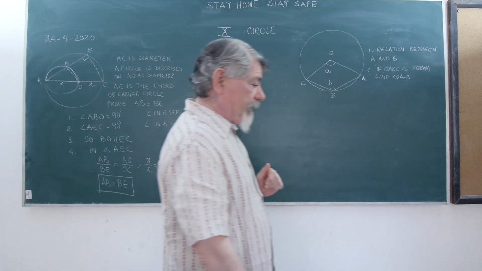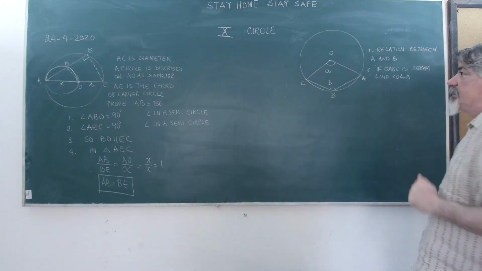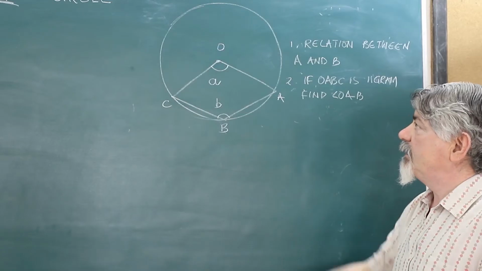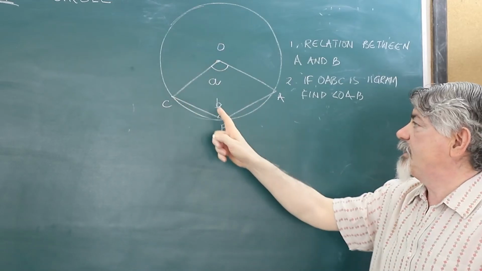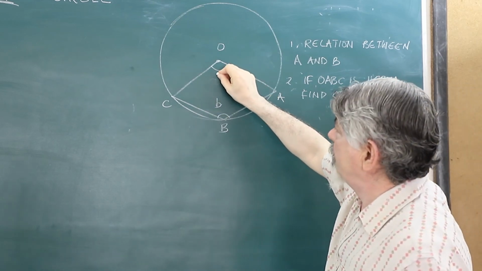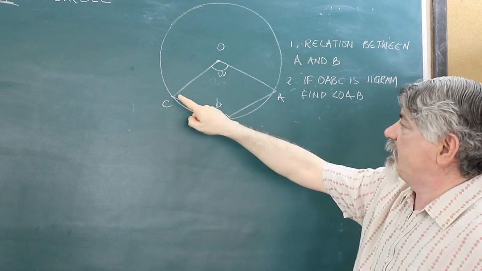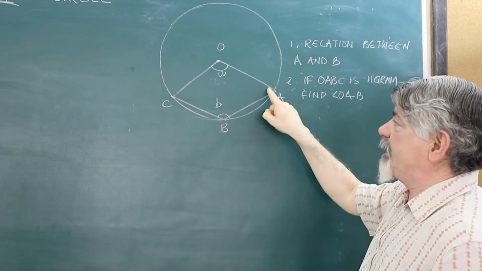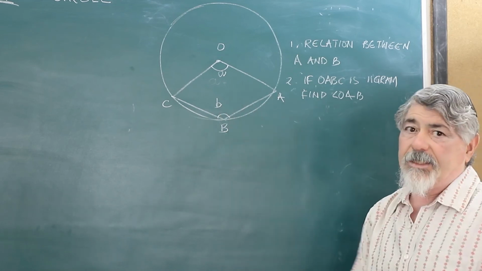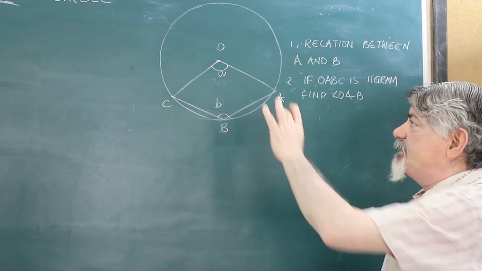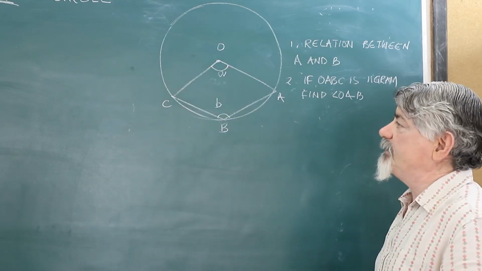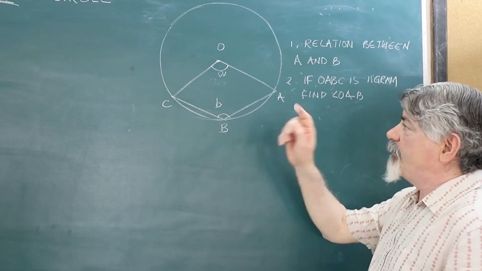Now let us look into the second problem, in which O is the center of the circle. This figure is there, OCBA is the figure. This angle is A. Angle COA is A, angle CBA is B. He wants you to find a relation between A and B, number 1.